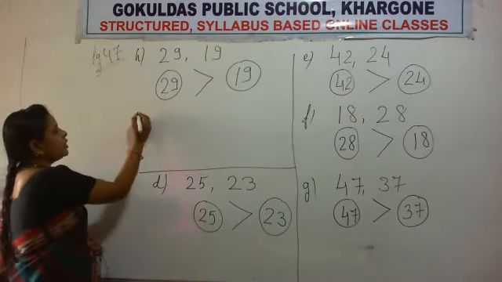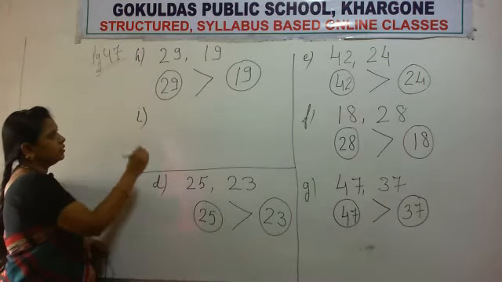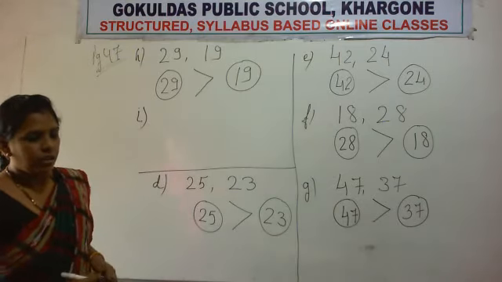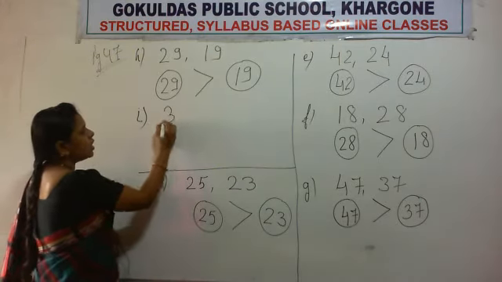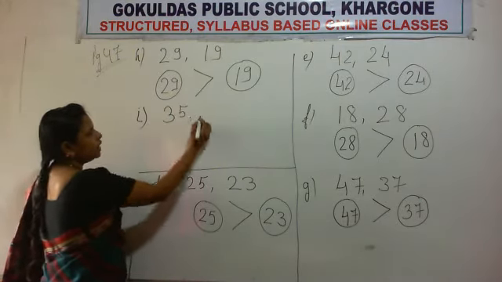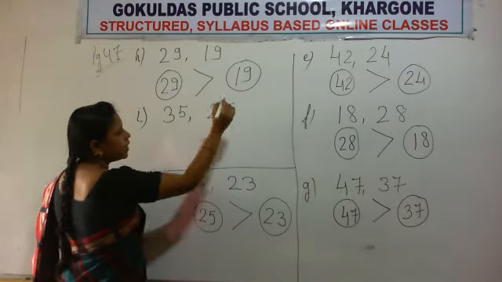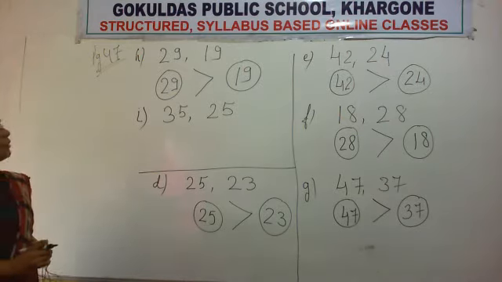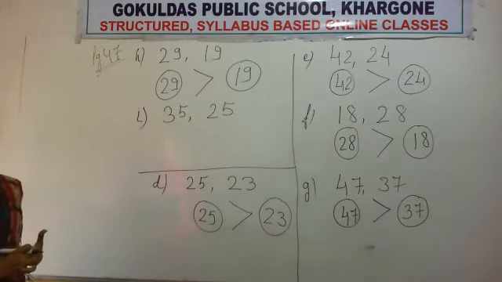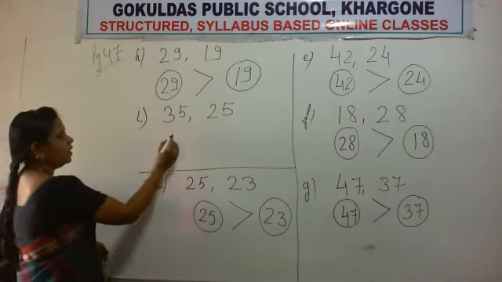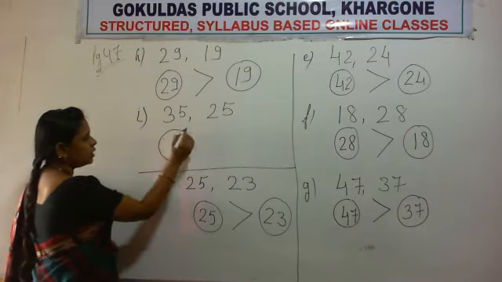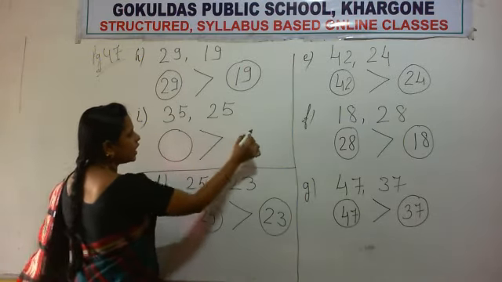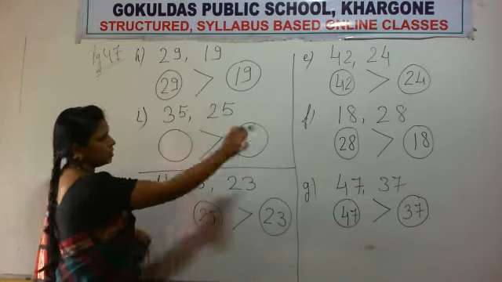Now the last question, I. Numbers are 35 and 25. What are the numbers given? 35 and 25. Again draw one circle, then a symbol of greater than, then draw another circle.